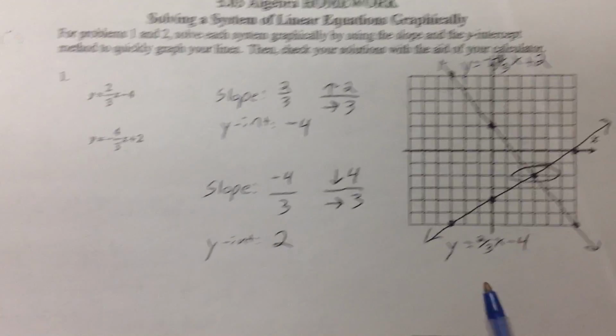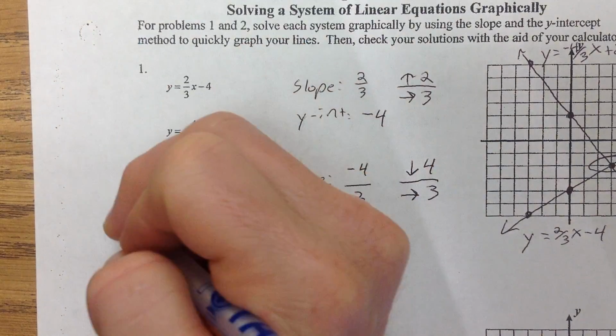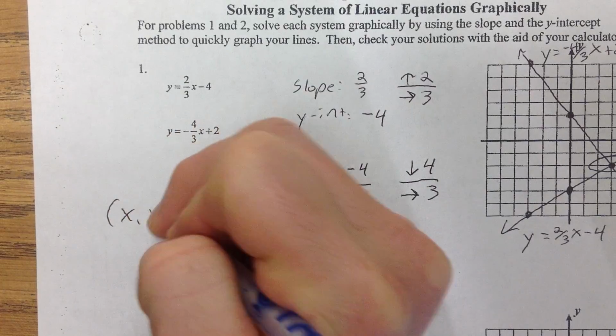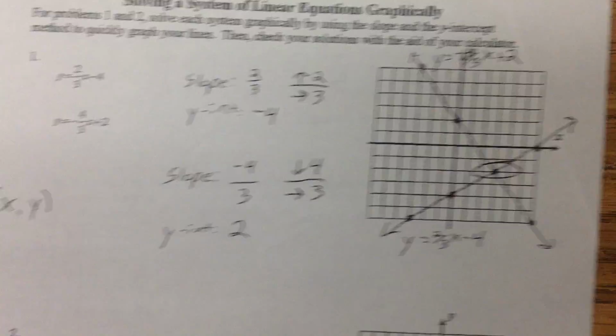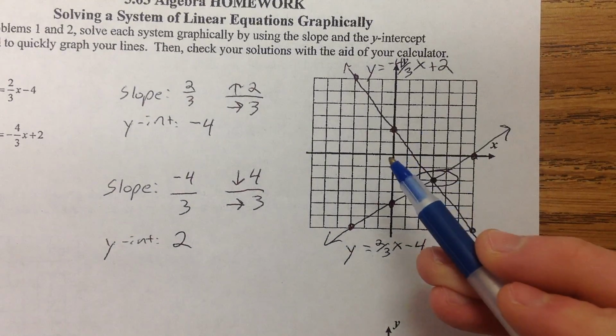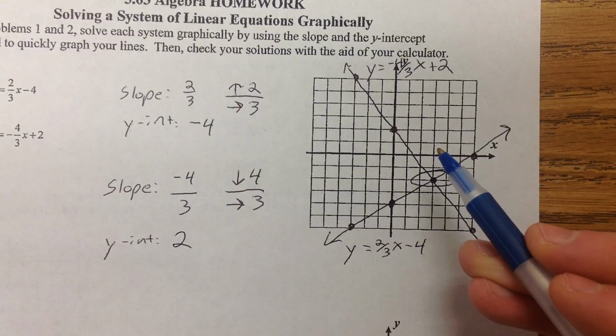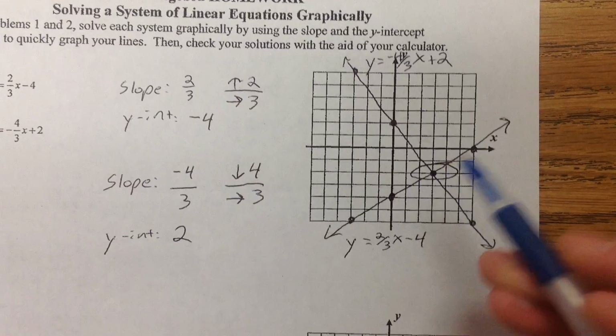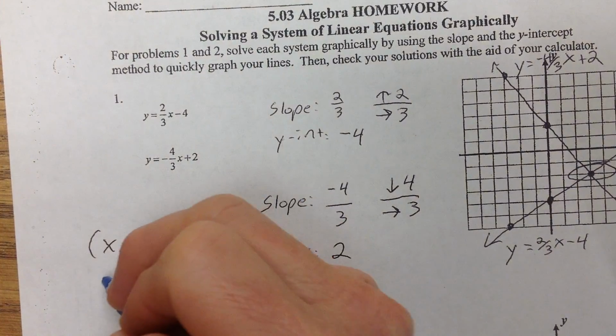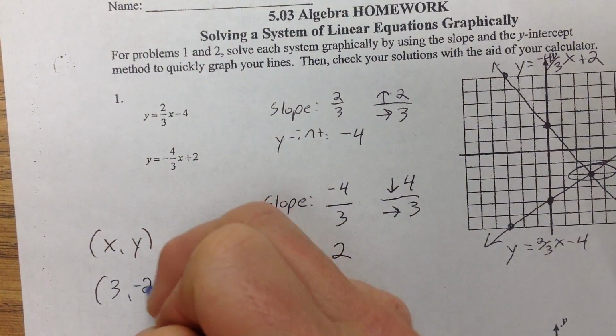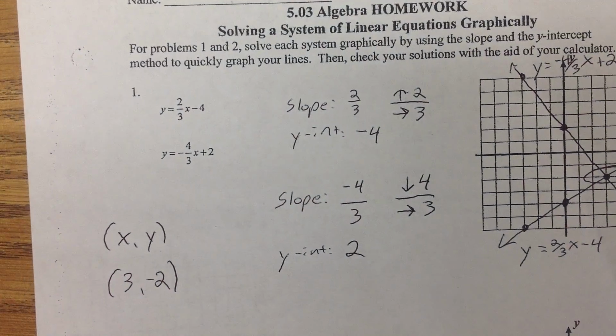But when you do a point, remember points, the x comes first and the y comes second, which means when we read this point, it's over 1, 2, 3, so a positive 3, and down 2, so that is (3, negative 2).